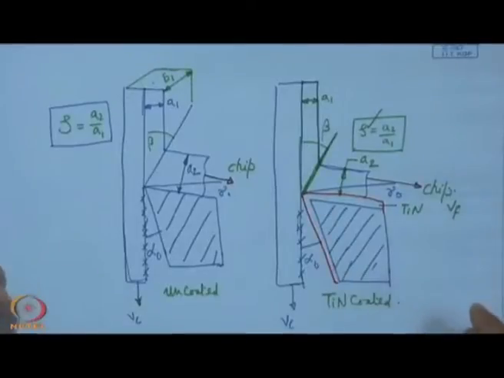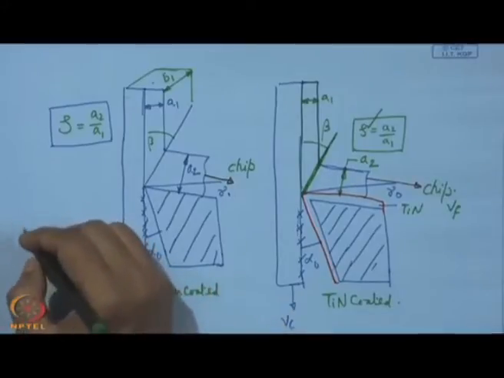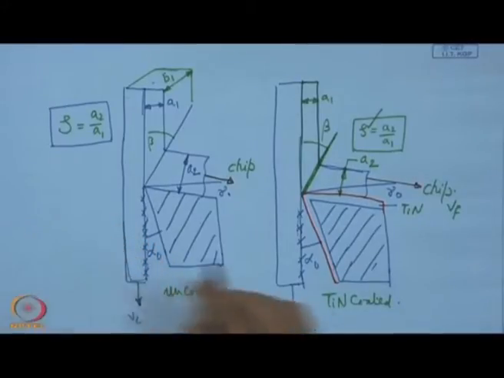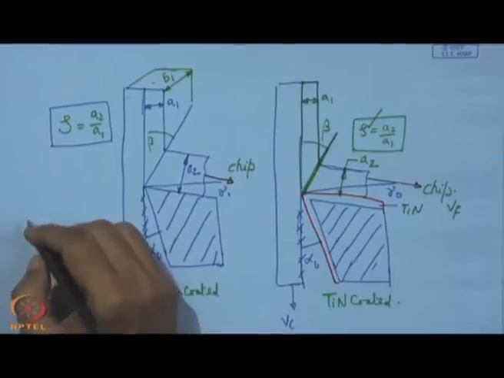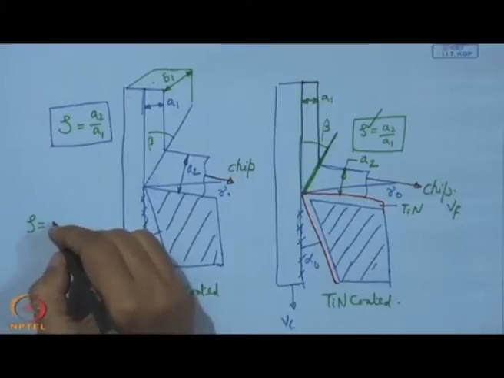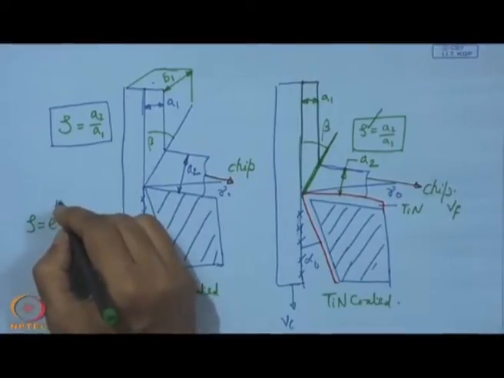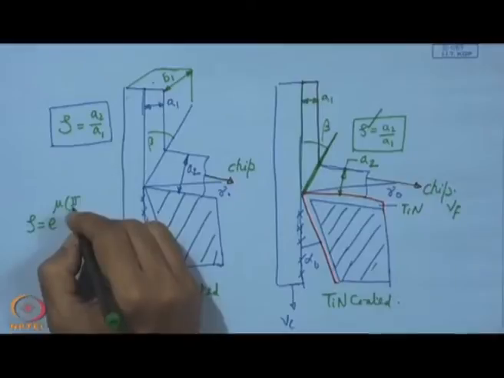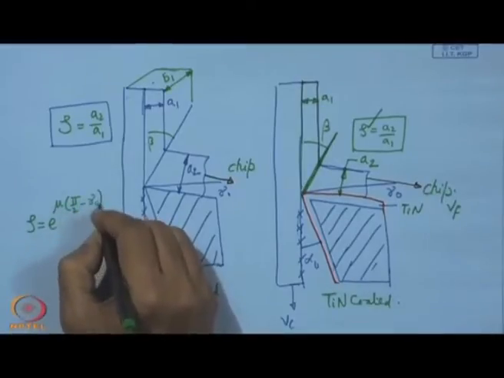Following the same, we can also say that cutting force is another parameter for measurement, for assessing the capability of the coating. Now, here we can write a small relation. This is also given from the theory of machining, that this zeta we can put in this form, a very commonly used relationship: mu into pi by 2 minus to the power gamma o.